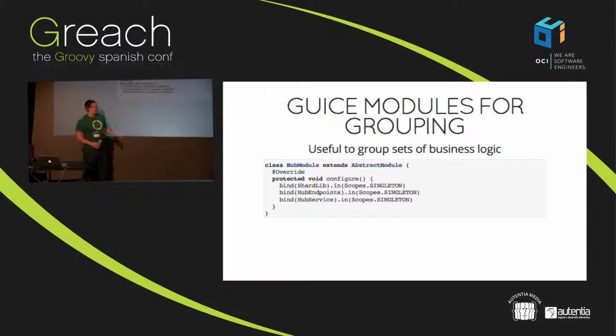The shard lib you see right there is just a POGO. It's just a standard Groovy object, because it's doing a lot of business logic, but it's not participating in startup or shutdown, so we didn't need to make it a service. And what it's doing is mostly async calls out to, actually, another Ratpack service in this case. So a little bit of inception there.